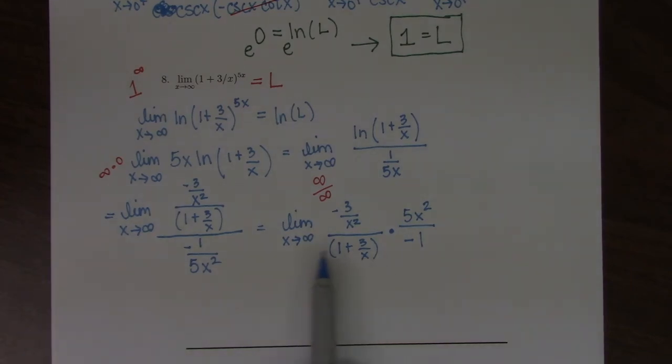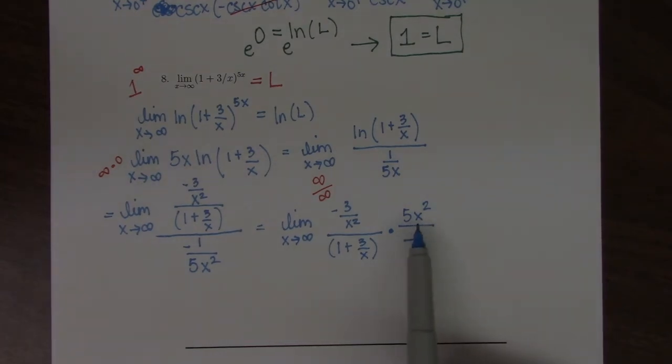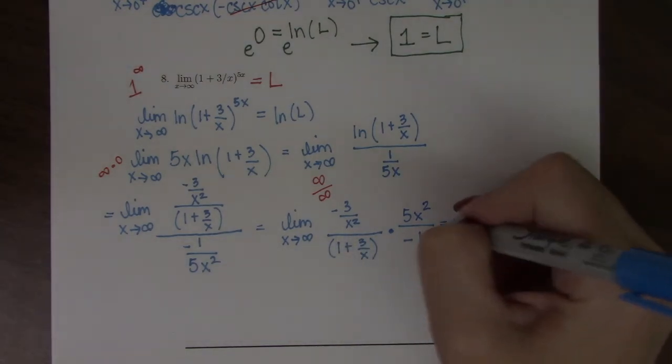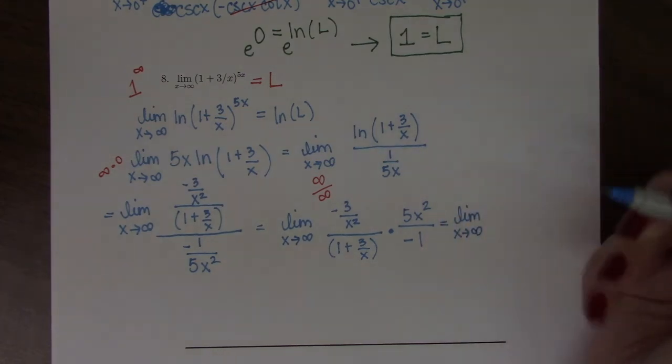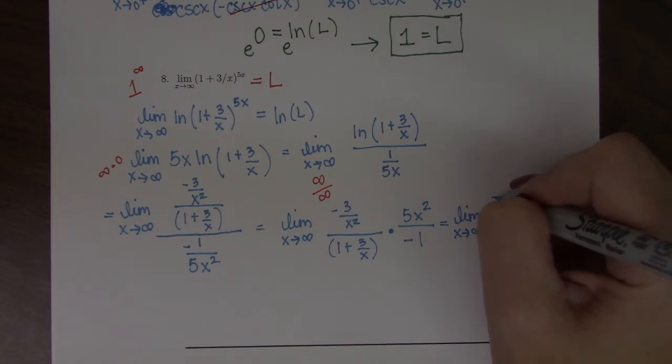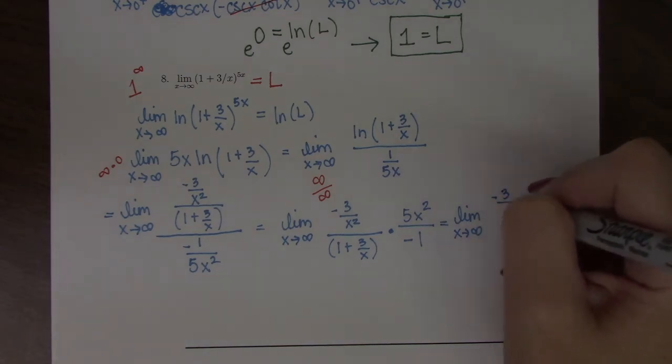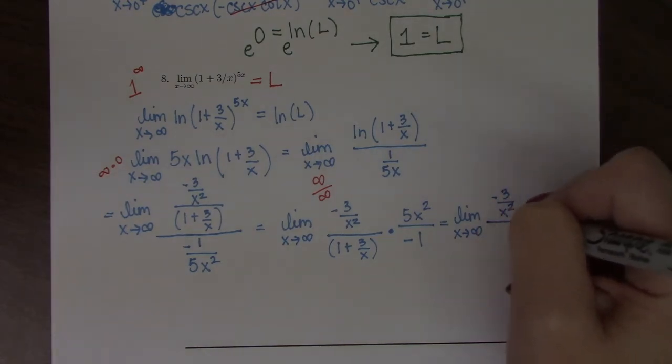If I want to clean this guy up, I can't just leave it. I need to get a common denominator down here. So I'm going to go one more step out, and I'm going to leave the negative 3 over x squared.